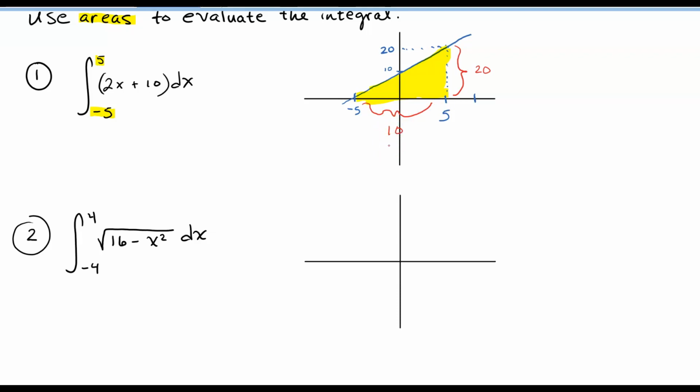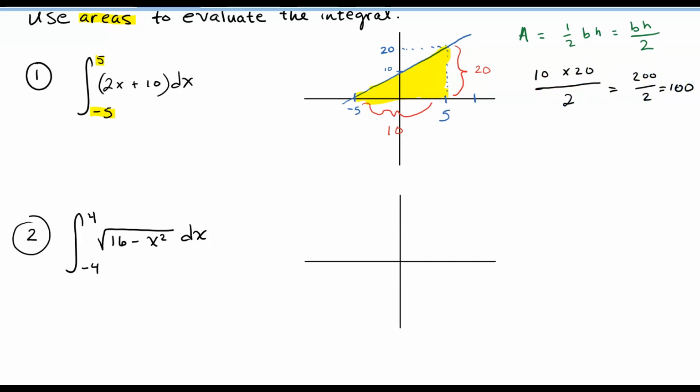You should recall the area of a triangle is 1/2 of the base times the height, or base times height divided by 2. So that's relatively easy to figure out. I'm going to have 10, the base, times the height, which is 20, divided by 2. So this gives me 200 divided by 2, which is 100.